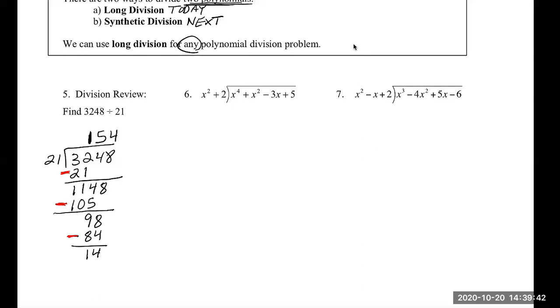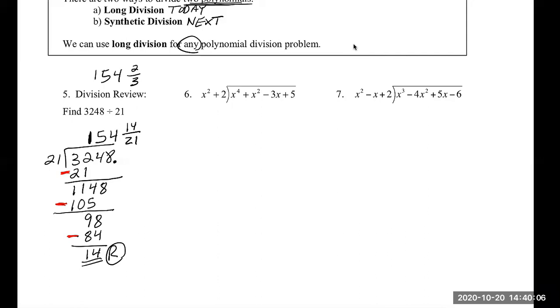And then we get a 14. Now we could put like a 0.0 and keep going, but we would call this our remainder, this 14. So we would have an answer of 154 and 14/21. And we could simplify that to 154 and 2/3. And that's fine, but really it's the process.